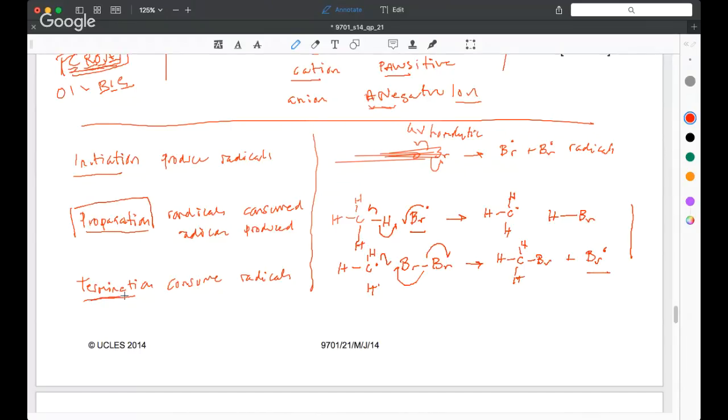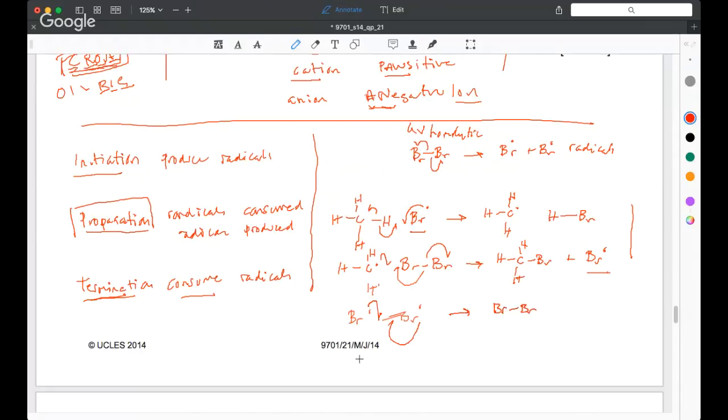And then finally, the termination step that consumes radicals. Well, there's lots of different ways that could happen. You might have two bromine radicals reacting together. If I drew in the mechanism for those, you'd have that, and you'd have that, and they're going to form a bromine molecule.